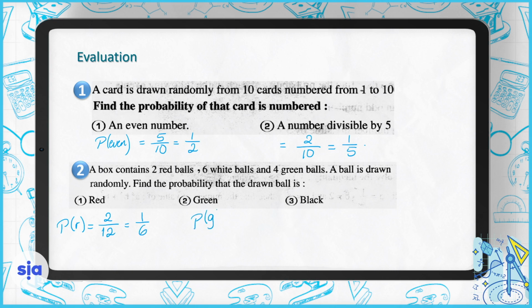Question 2, the probability of green is that we have 4 green divided by the total, which is 12. If you simplify this, it's 1 over 3. The last question, the probability of getting a black ball, as you can see, we don't have any black balls, so the probability of black is equal to 0.